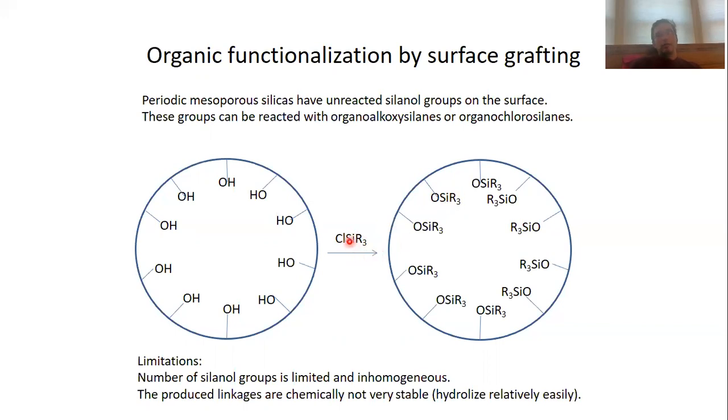But if that R group is a more active group, like a catalytically active group, you can also render these periodic mesoporous materials with active chemical reactivity, such as catalytic activity.